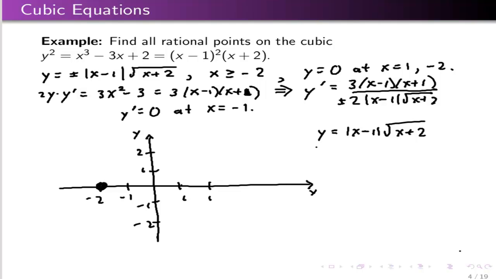When x is 1, we are 0. And when x is 0, we're at the square root of 2 right there. And then the derivative is equal to 0 when x is negative 1. And when x is negative 1, y is equal to 2. So we come up this high. Derivative is 0, passes through this point, comes down here, and then this is always positive. So we're graphing the upper branch right here.